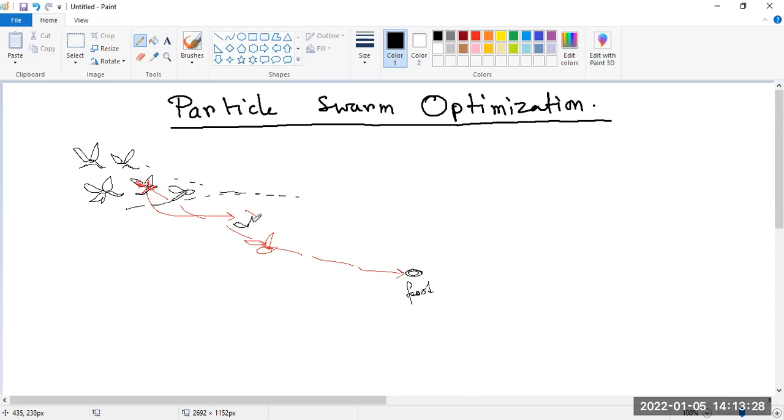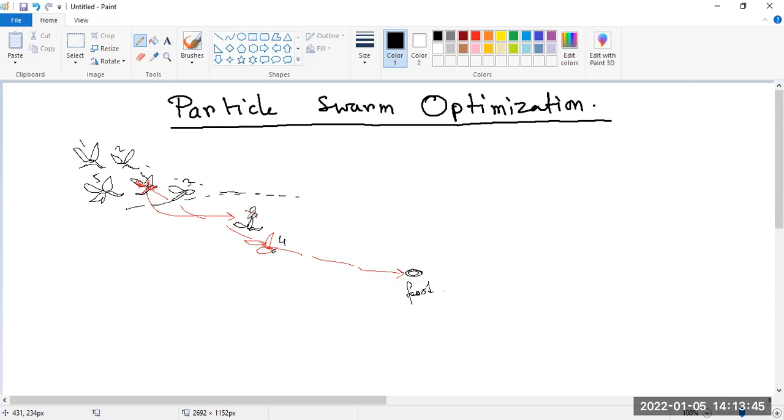This is one, two, three, four, five. Say bird four can identify this is food, and it changes its position so that it can go.